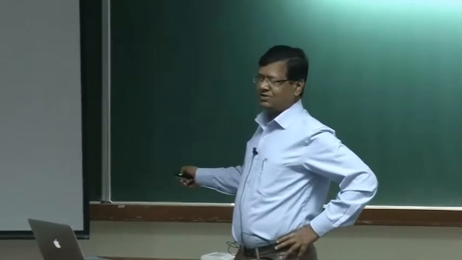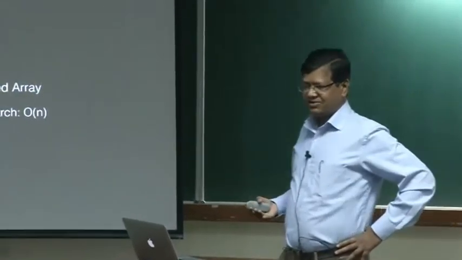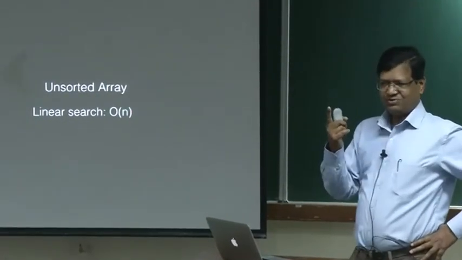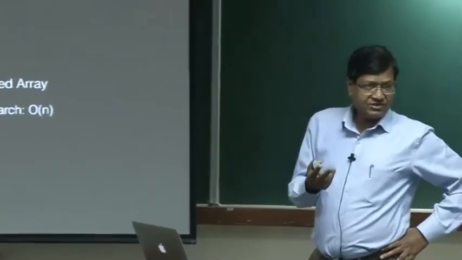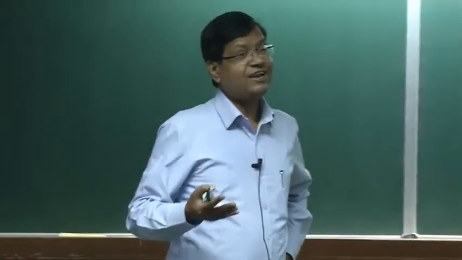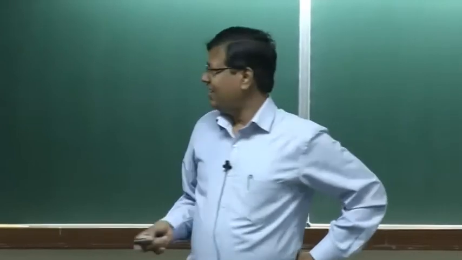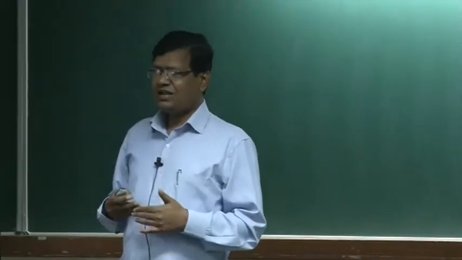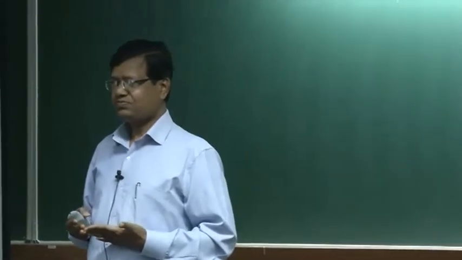Order n. So we look at the average. The fastest is 1, because you get the first number. The slowest is n, the last number. The average will be n by 2. If I do thousands of them, then I will basically get n by 2.